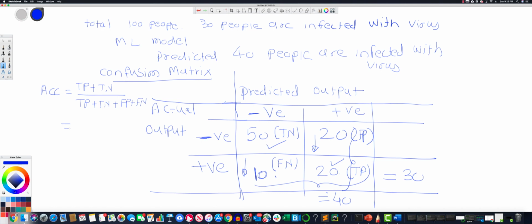In this particular case, if you substitute the values, it comes out to be 70. So 70% is our accuracy, which is easy to understand. Now let's look at other metrics also. We will look at recall and precision.